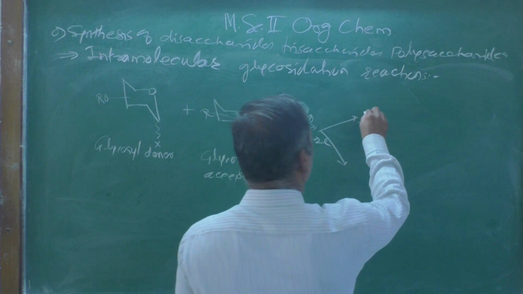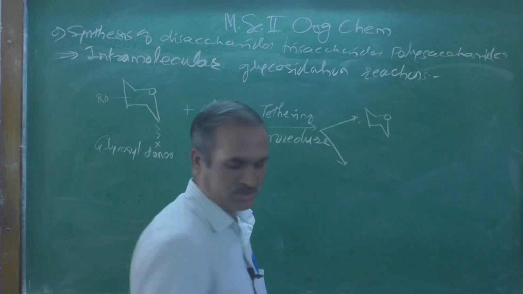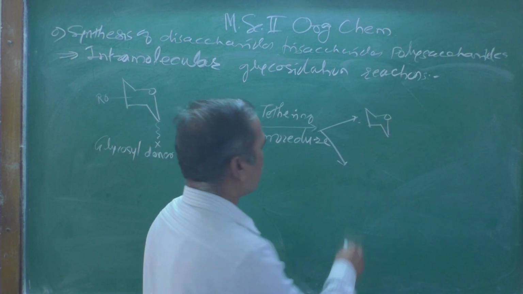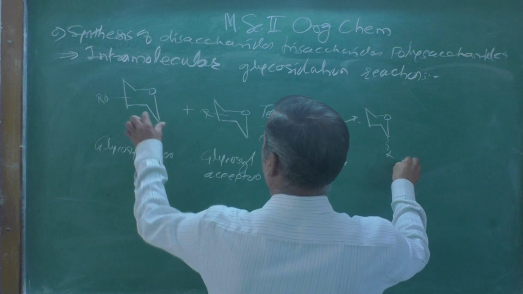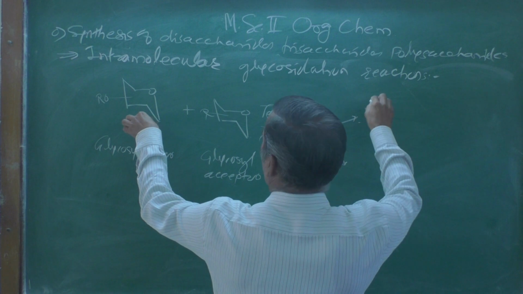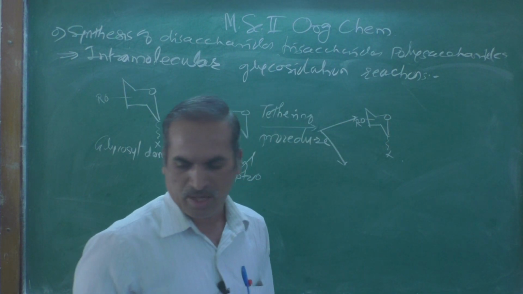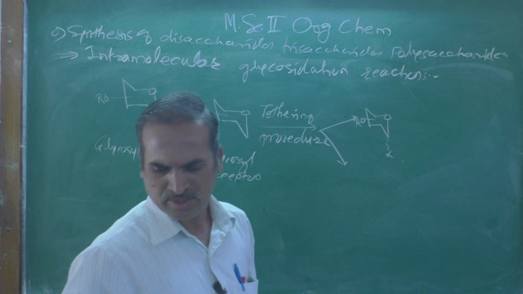You may get a structure like this. Here X is represented in structure number 1, and RO is the protecting group as it is.